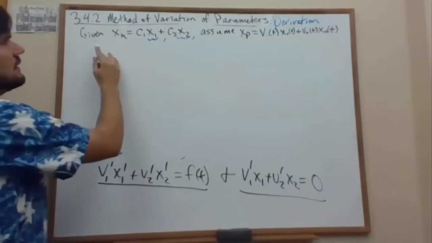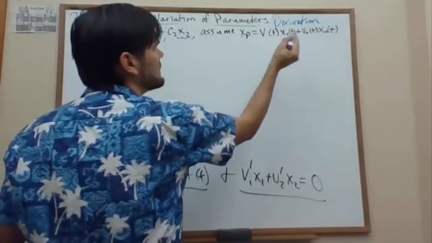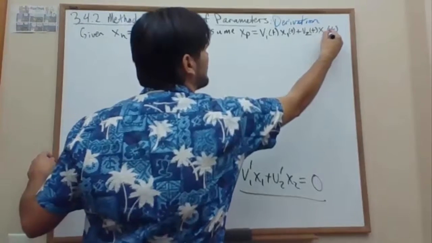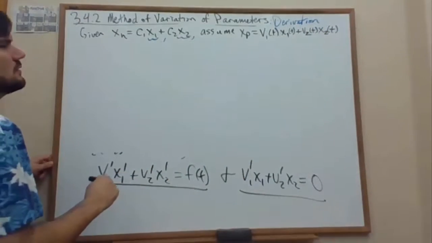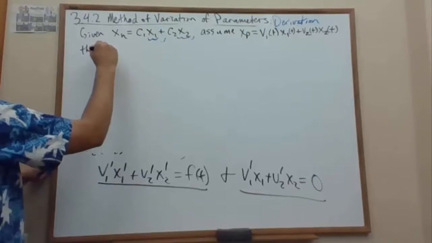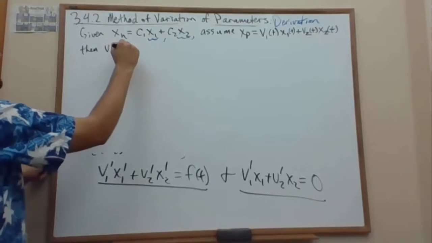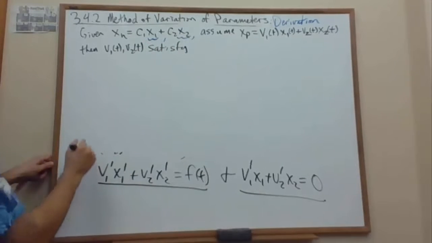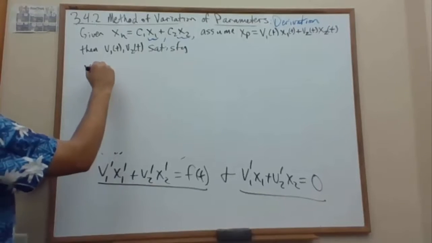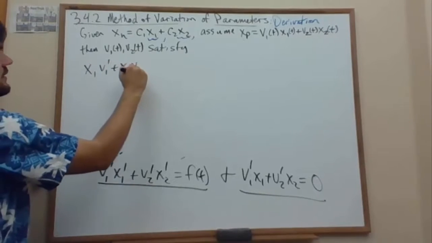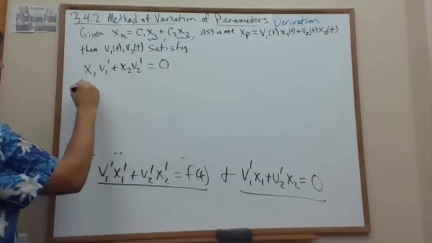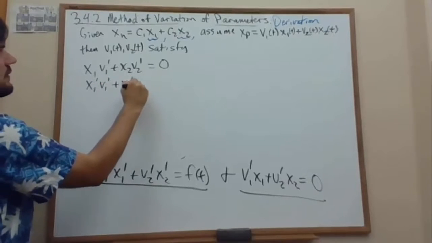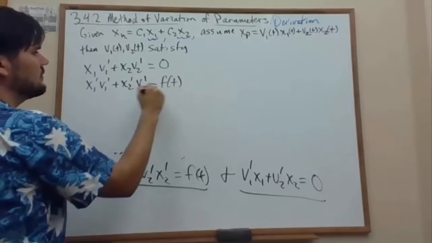So, given our homogeneous solution and assuming that xp is equal to this functional combination of x1 and x2, then v1 of t and v2 of t satisfy x1 v1 prime plus x2 v2 prime equal to 0, and x1 prime v1 prime plus x2 prime v2 prime equal to f of t.